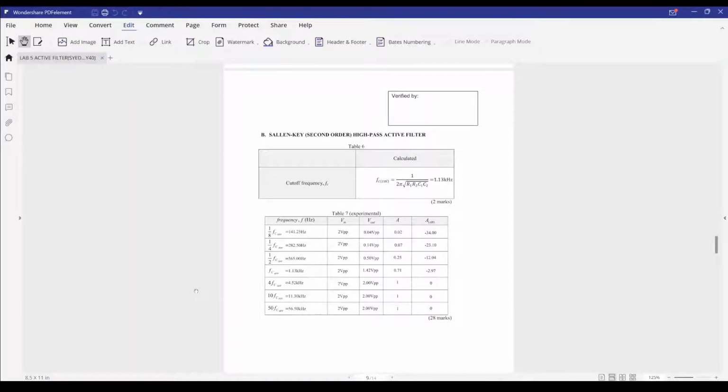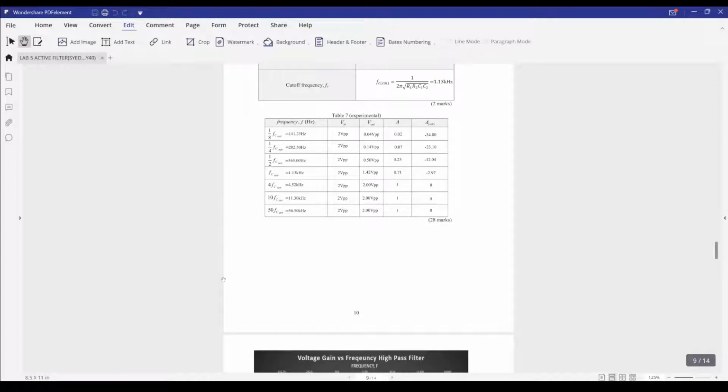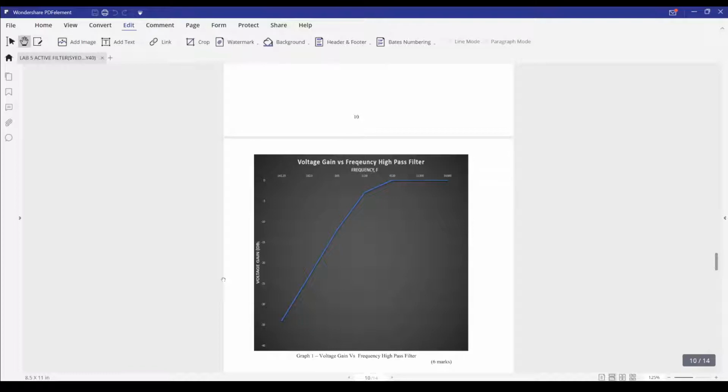Similar to the low pass filter, we tried different frequencies to make it easier for us to plot the voltage gain versus frequency graph. This one is opposite to the low pass filter.